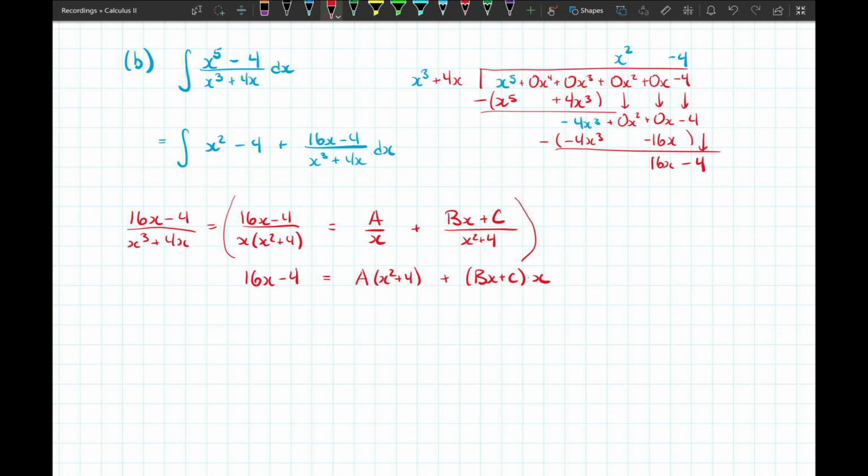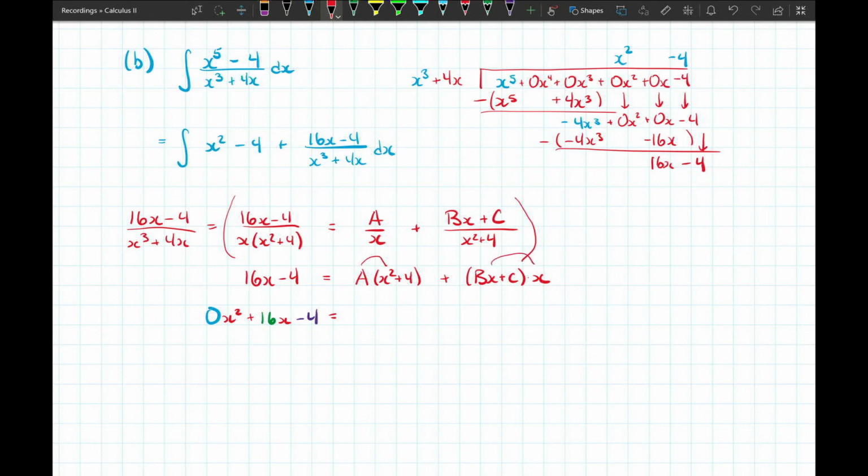So I'll start off by writing out all of the coefficients for x squared in one color. On the left-hand side, I have 0 x squareds. On the left-hand side, I have 16 x's, and I have a constant of minus 4. On the right-hand side, after expanding, I'll have A times x squared, and I'll have Bx times x.